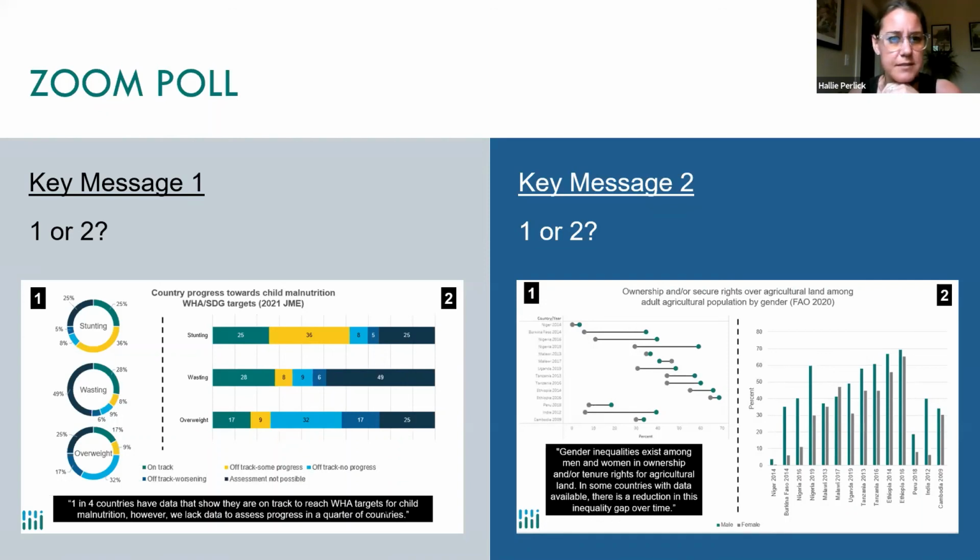I'm not sure what's snagging. Oh, it looks like it says polling is closed. Okay, I think it should be working now. Sorry about that. Oh, it's fine. Yeah, it looks like the numbers are populating.